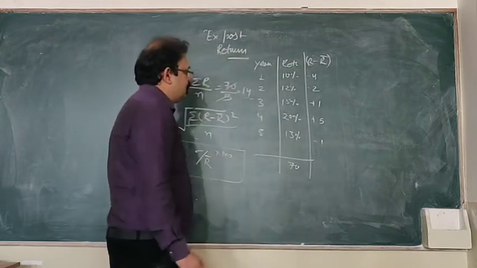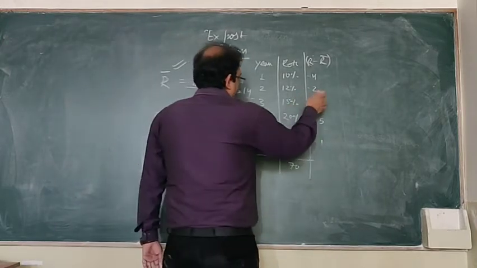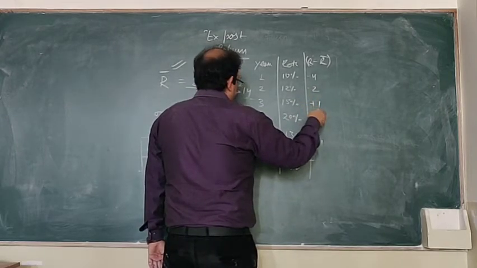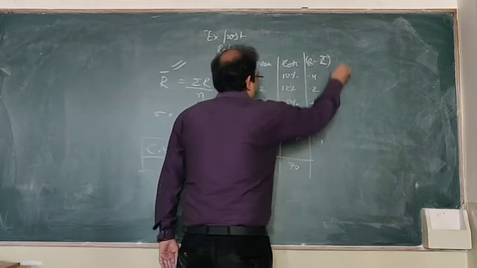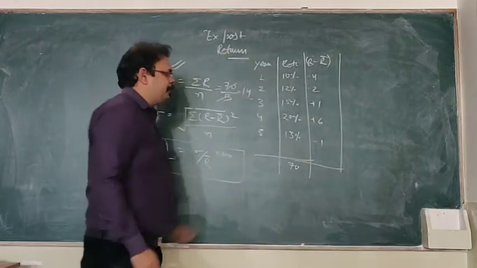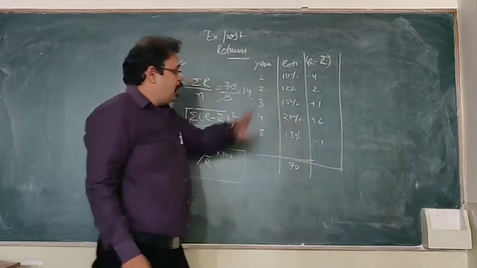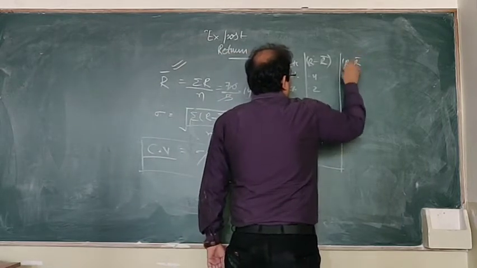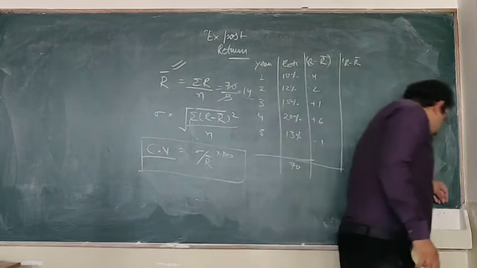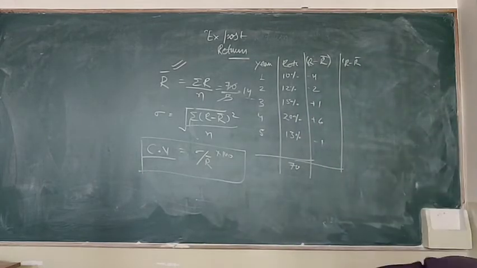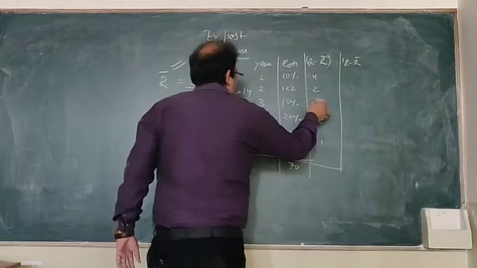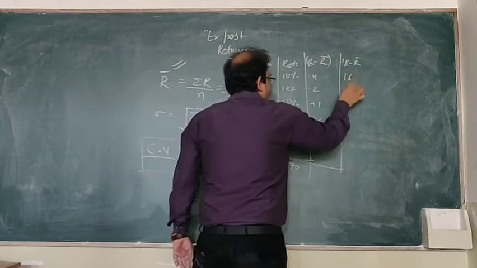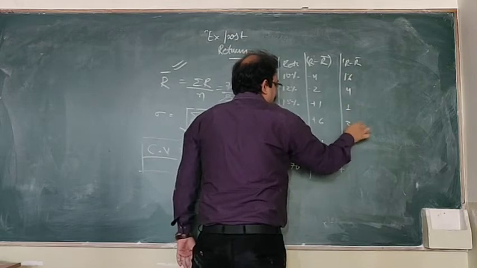Now R minus R bar whole square: 16, 4, 1, 36, 1.